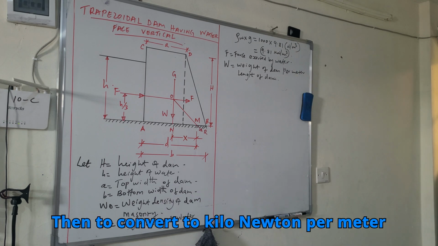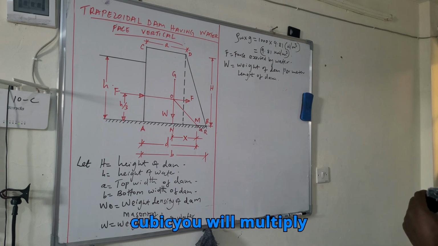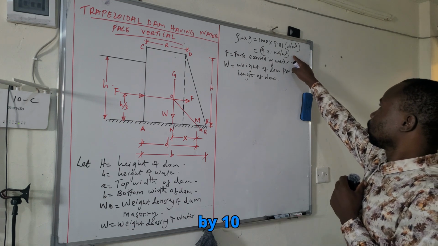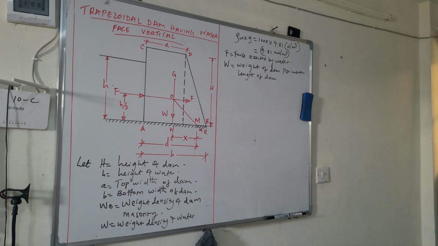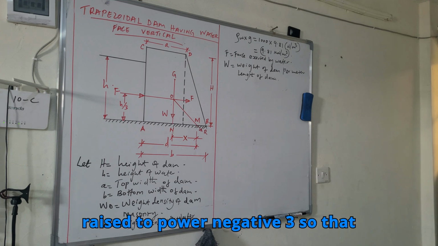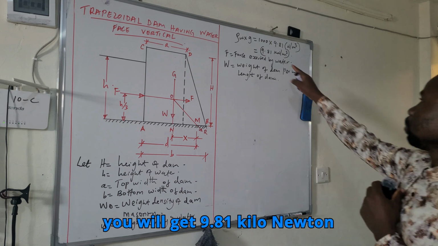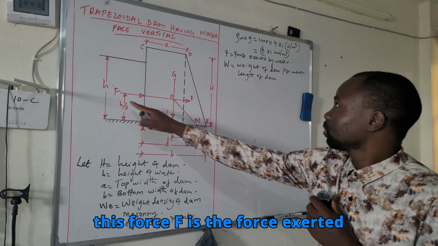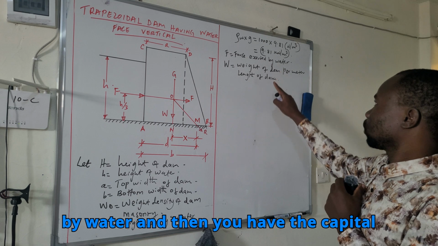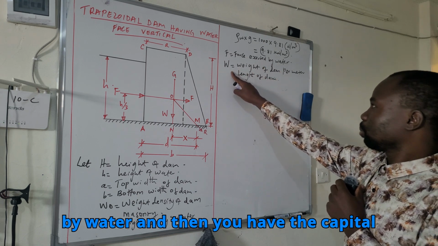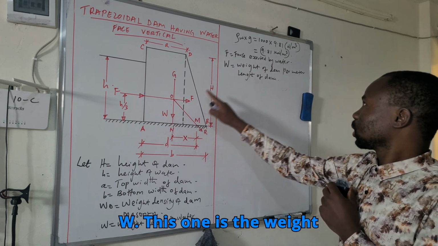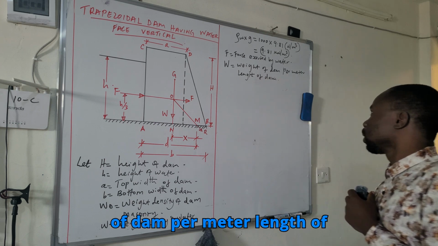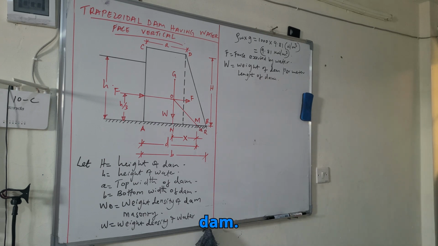Then to convert to kilonewton per meter cubed, you multiply by 10 raised to power negative 3, so that you get 9.81 kilonewton per meter cubed. Then the force F is the force exerted by water. And then you have the capital W, which is the weight of dam per meter length of dam.